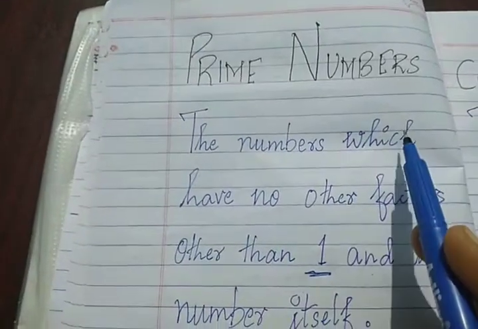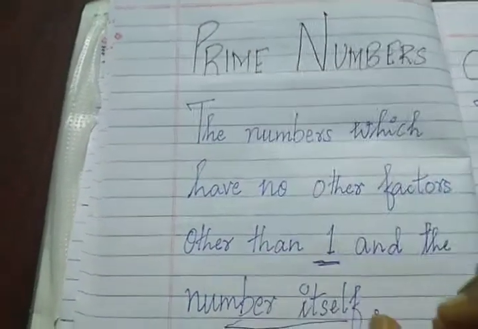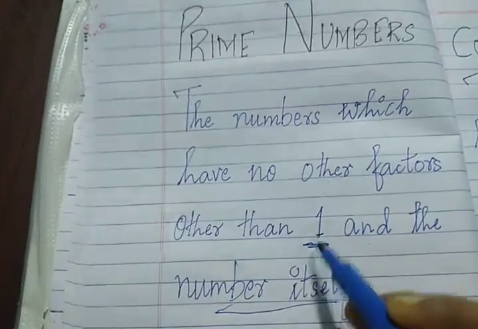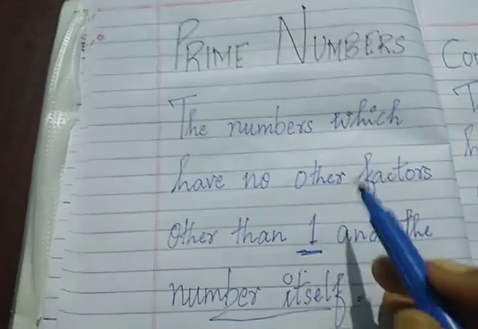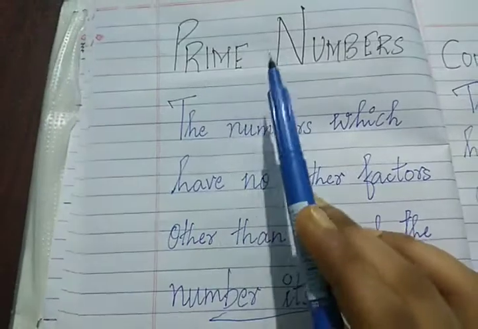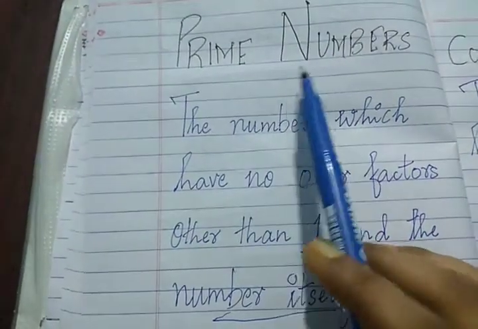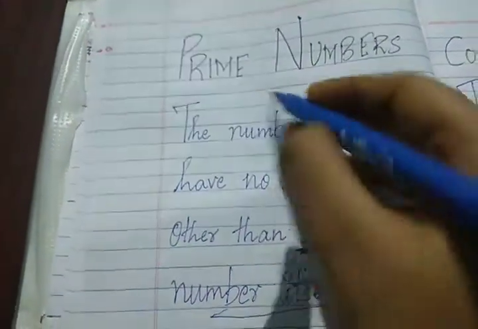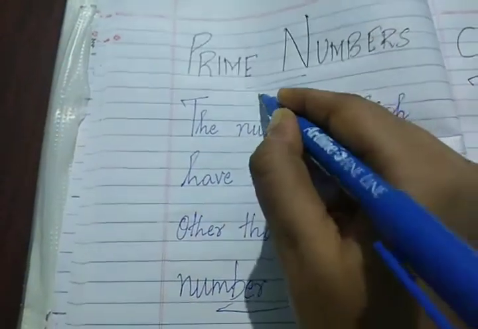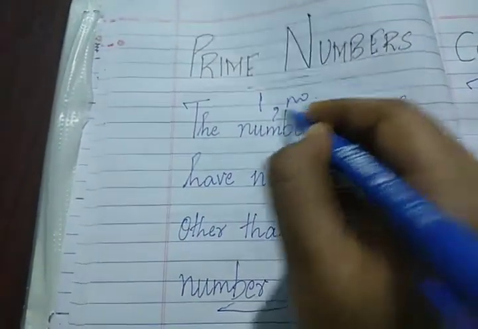In the sense, the factors of prime numbers are only 1 and the number itself.